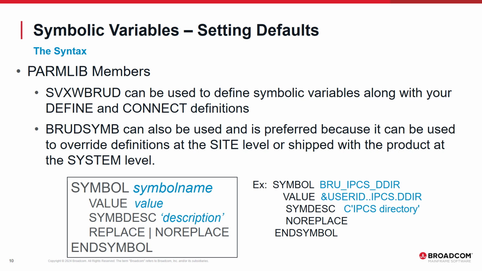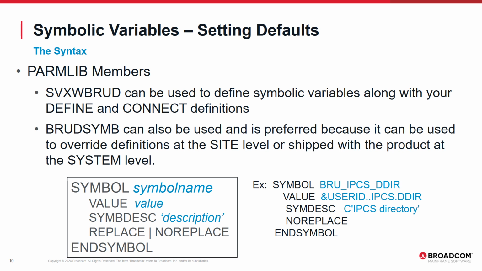The symbol statement takes the name of the symbolic variable, and the value parameter provides the default value. The replace option specifies whether or not to replace any stored values from your profile. To the right is an example of a shipped variable and its default value.